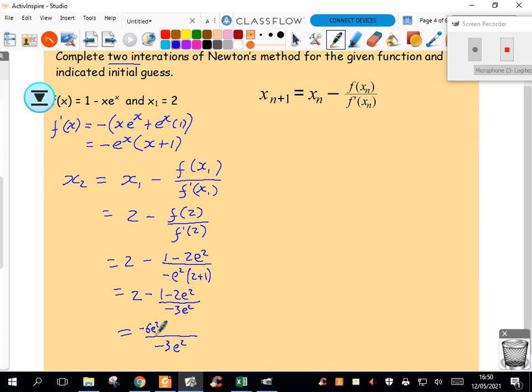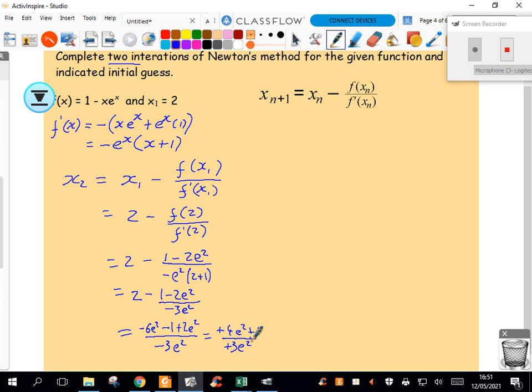And then we have subtraction of 1, and I'm also subtracting this negative, which is going to be a plus 2e squared. So that's negative 6e squared plus 2e squared, which is negative 4e squared, minus 1, all over negative 3e squared. We can get rid of all those negatives. That's just going to be 4e squared plus 1 divided by 3e squared.